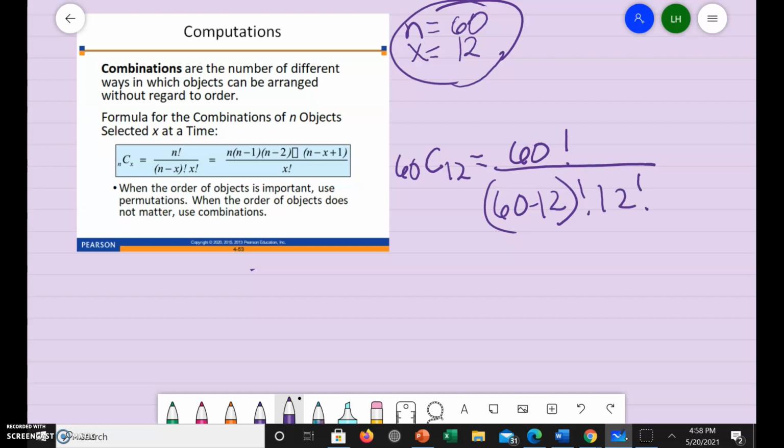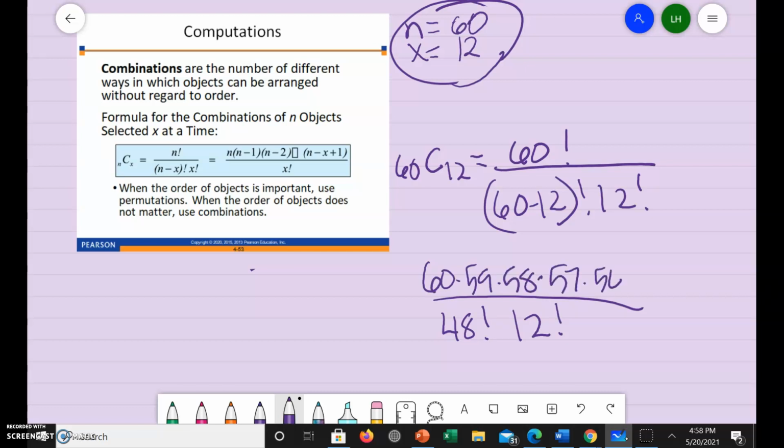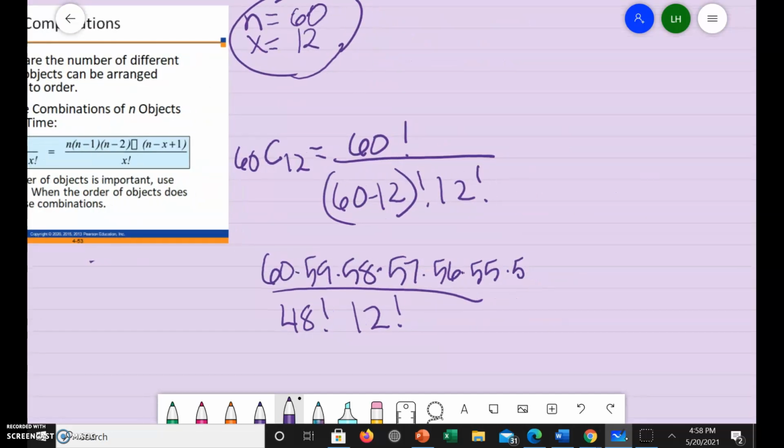Okay, so this one would take a little bit longer because on the bottom you have 48 factorial and 12 factorial. So you would have to count down to 48.